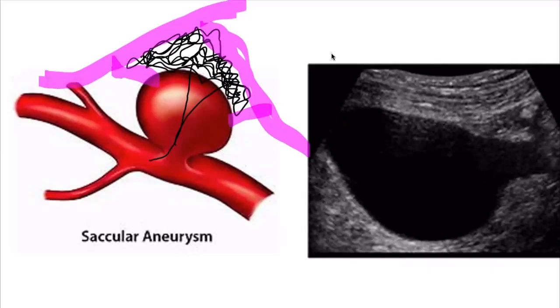Because the blood is being held in one space by surrounding tissues, not by a vessel wall, we call it a false aneurysm. It looks like an aneurysm that is intact, but actually there's no wall around it. The reason the blood is not spilling out in all different directions is because of the surrounding tissue keeping it locked in one place, but there's no actual arterial wall around it. That's why we call it a false aneurysm.